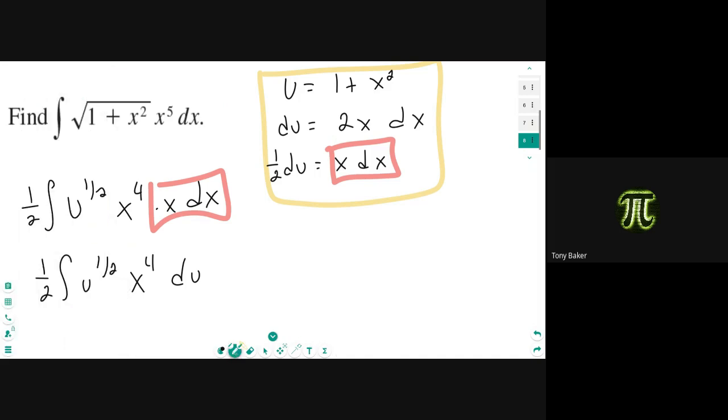So u equals 1 plus x squared, I can bring that over. So u minus 1 equals x squared. Not totally there yet, because I needed x to the fourth. But what can I do to this now to get x to the fourth? I can square it.